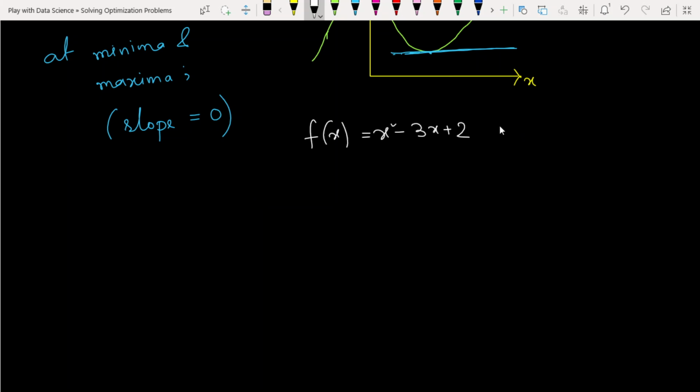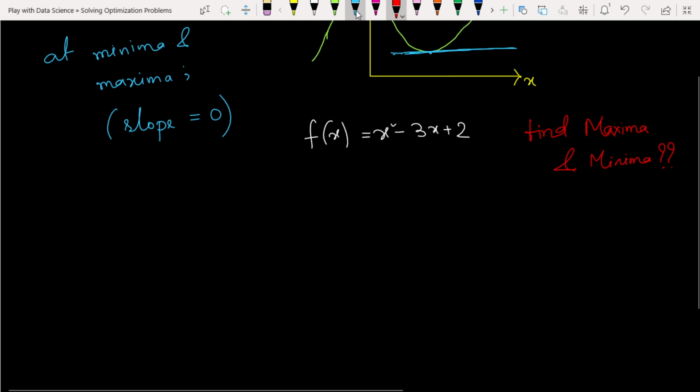So now our target is to find the maxima and minima values.